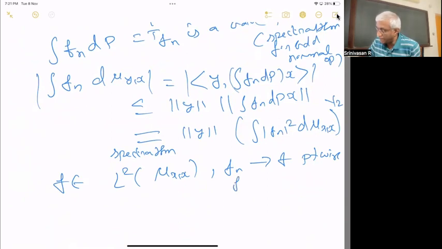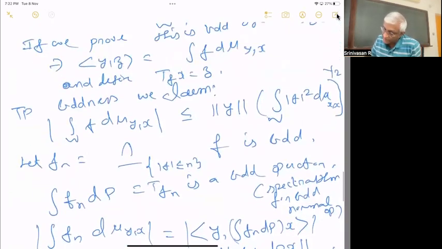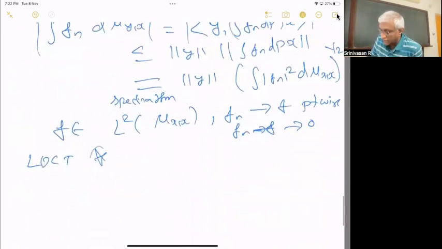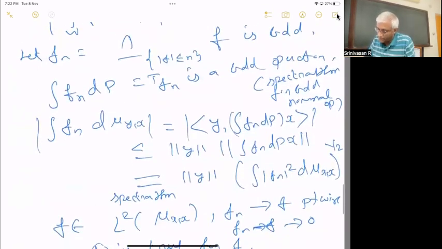If you want, Fn minus F goes to 0, and these are all dominated by this F. So the LDCT, Lebesgue dominated convergence theorem, will imply that this inequality, which I called star, is true for a general F, even though F is just a measurable function that is square integrable with respect to mu xx. So we can use that, and the inequality is true.